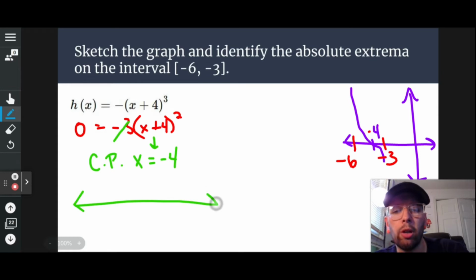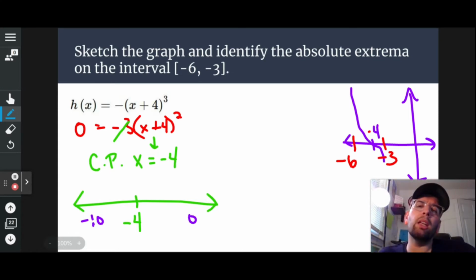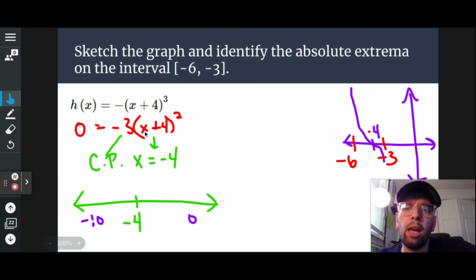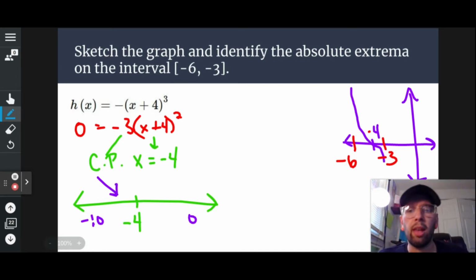So I'm going to make a sign chart. I'll plug in, I don't know, negative 10. Plug in 0. If I plug that into the derivative, plugging in negative 10, negative 10 plus 4 is, I don't know, but square it and you get a positive times a negative, so it's going to be a negative, decrease, and we can see that in the picture.